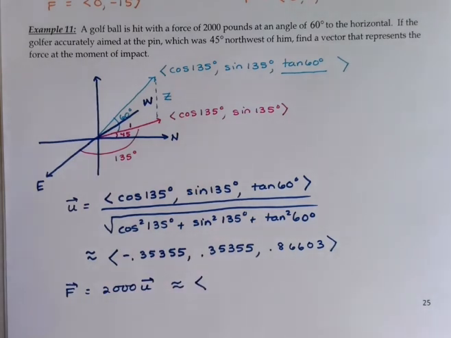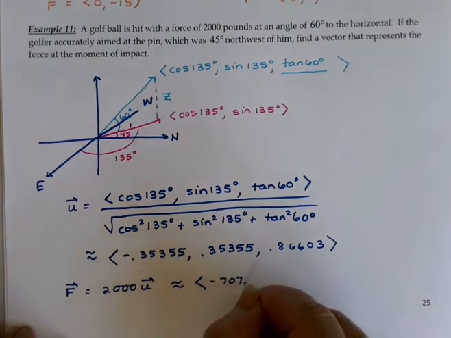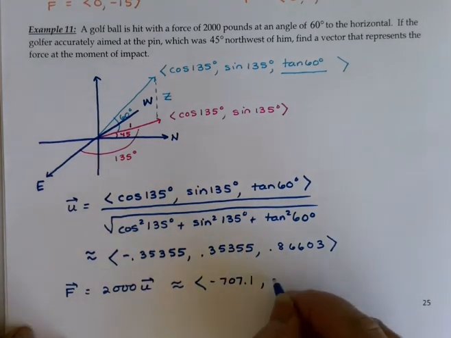So, multiplying those values by 2,000. I'm getting negative 707.1, which would mean that one will be coming out to positive 707.1.